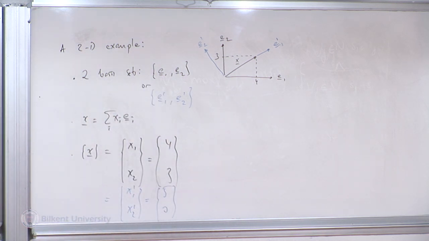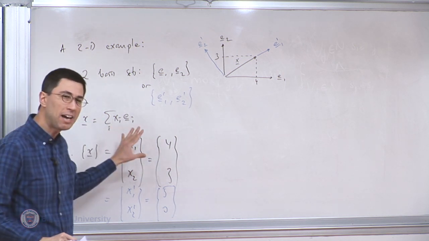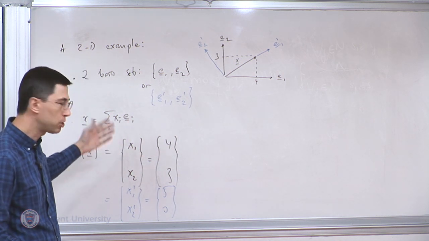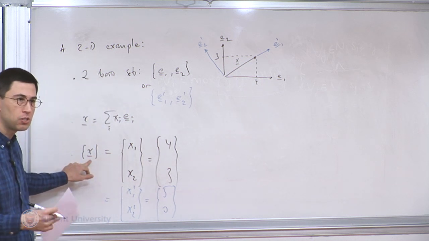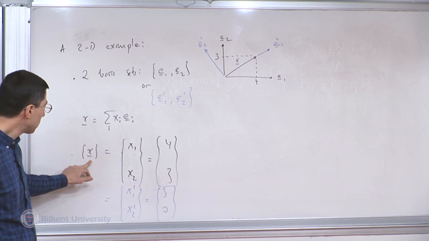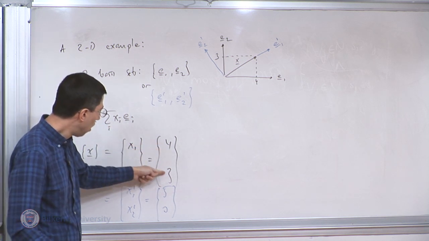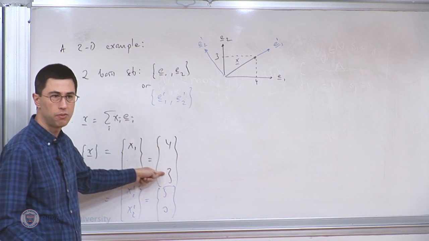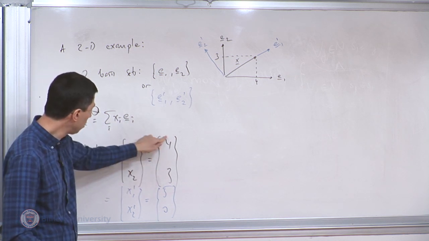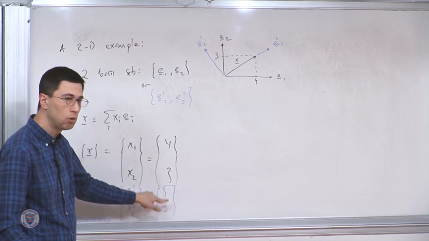Okay. So the message here, just so you remember, we're going to come back to this point with a stranger object. The point here is that the vector is an entity. It represents something that is physical. But the components are the way the vector looks with respect to a particular choice of the basis. For one basis, it looks like this. For another basis, it looks like that.